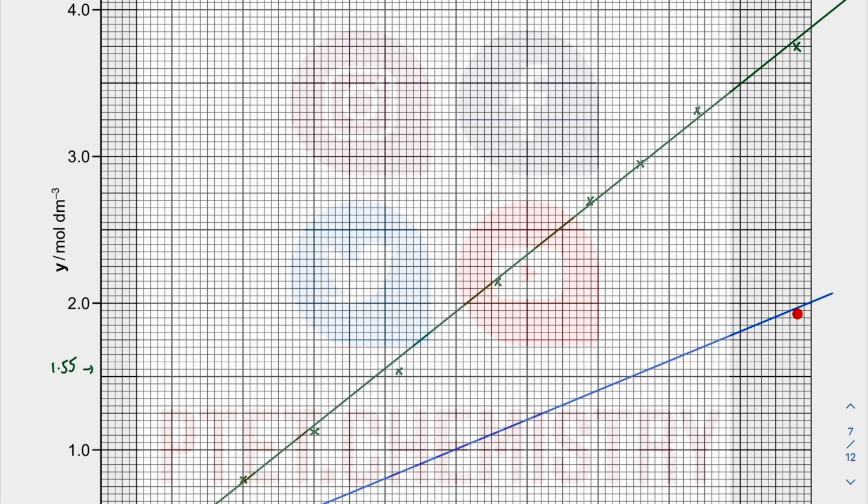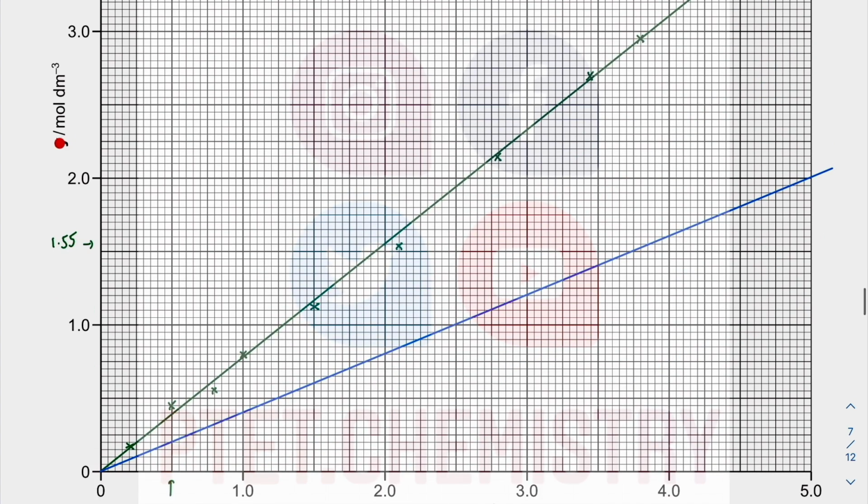The steepness of the slope is lesser, so the gradient is lesser, so you get less product compared to your reactants for that specific concentration of your reactant, as a result of Kc being smaller. So your Kc decreases as temperature increases, because your forward reaction is exothermic.